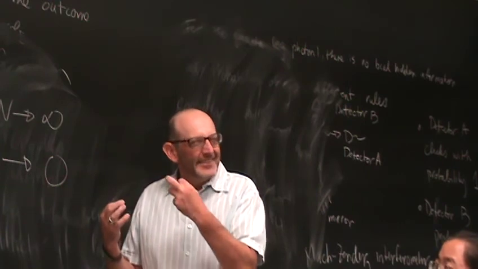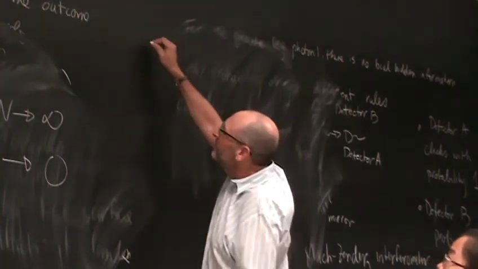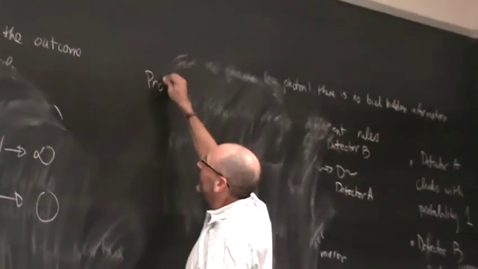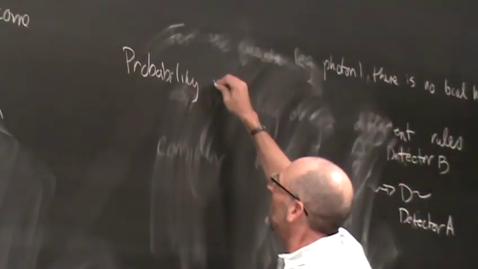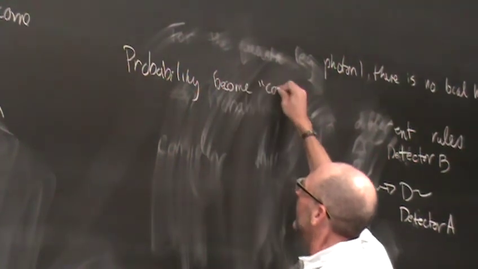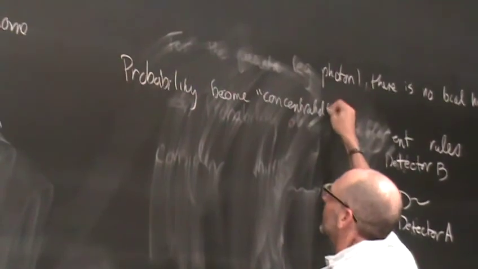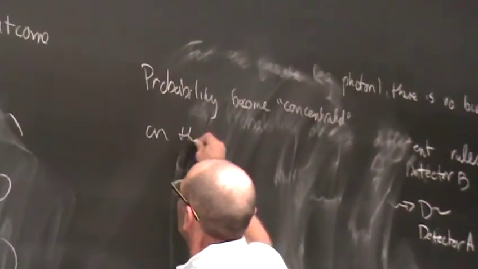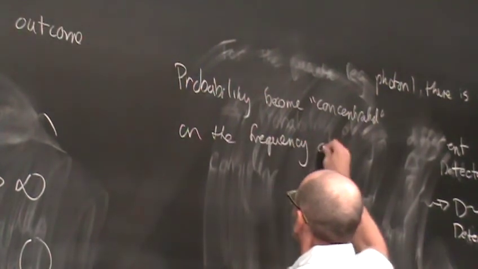When in fact, that's not really the right way to think about it. But nonetheless, I could say that the probability becomes concentrated on the frequency of outcomes.